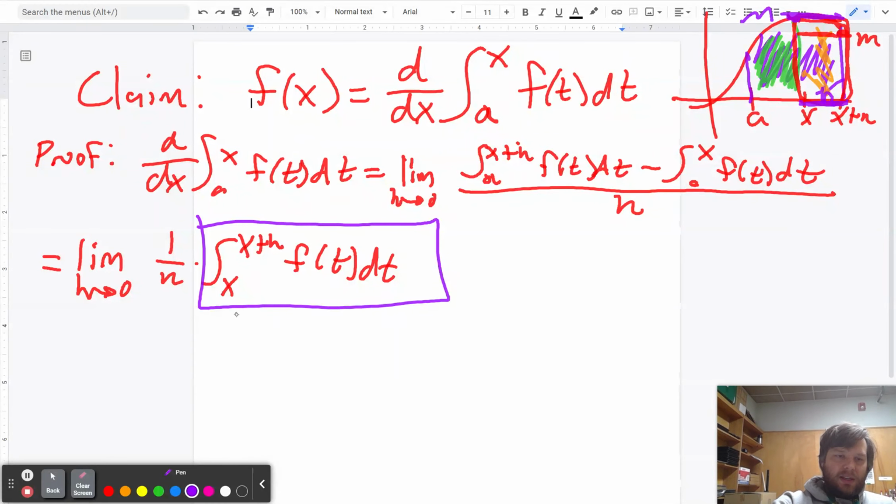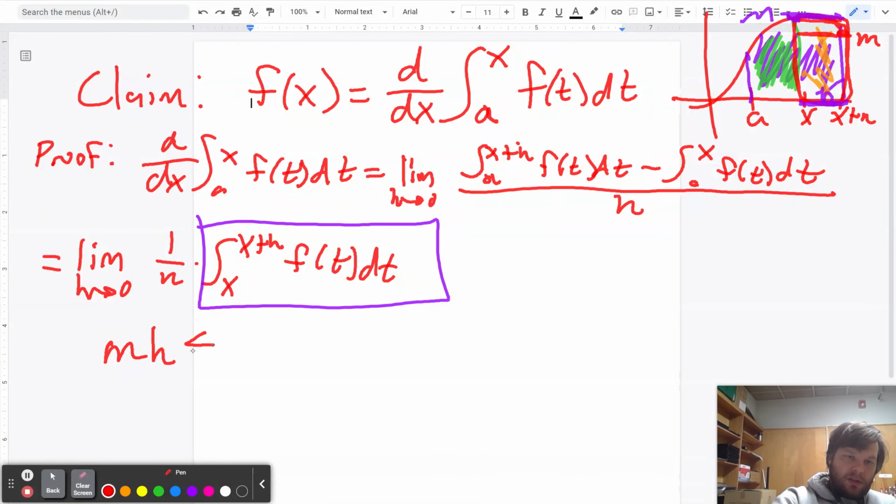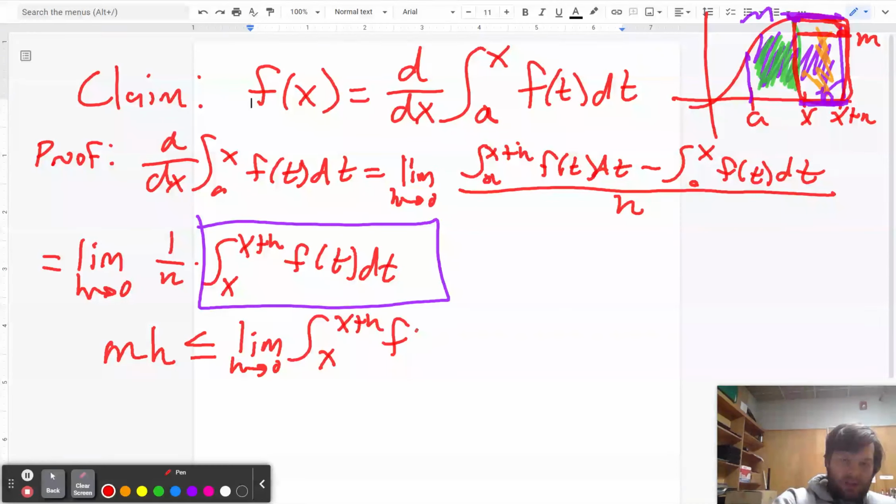So what I can say is that our limit is squeezed in between these two values: little m times h is less than the limit as h approaches 0 of the integral from x to x plus h of f of t dt, and that's less than or equal to capital M times h.